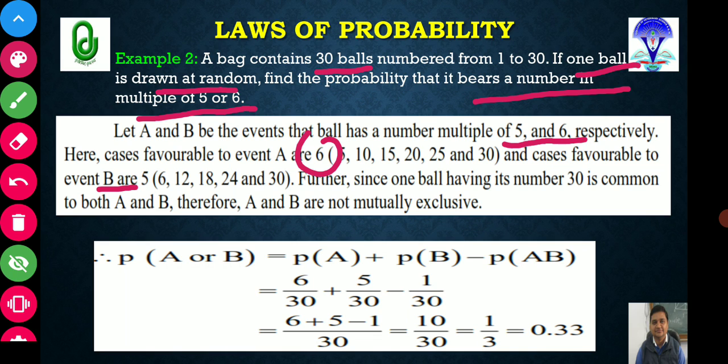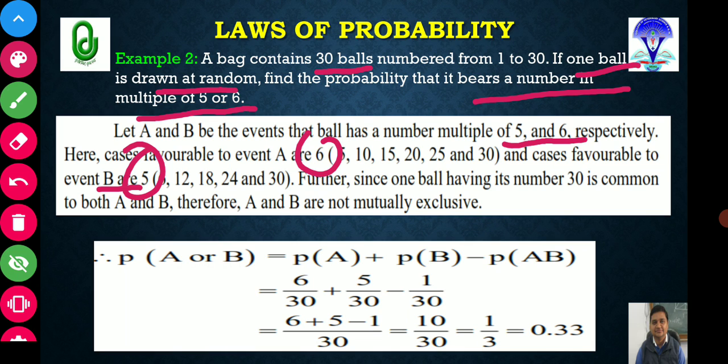That means multiples for event B. So 6, 12, 18, 24 and 30. So there will be 5 multiples.